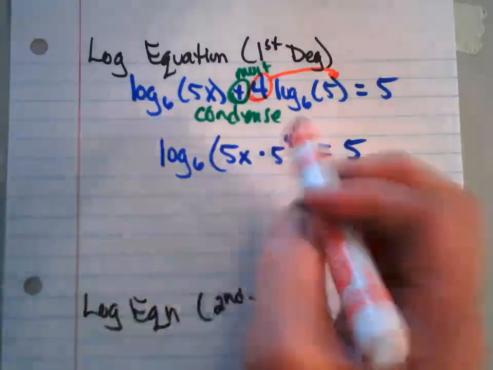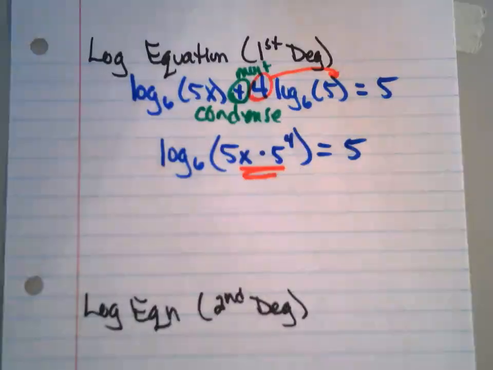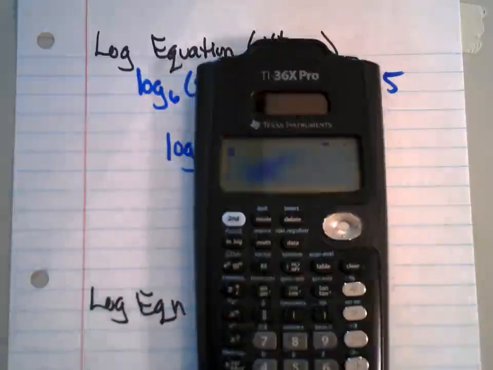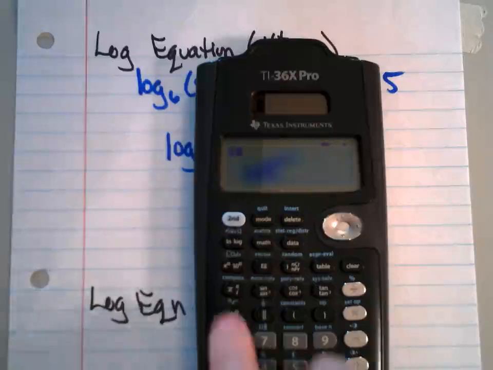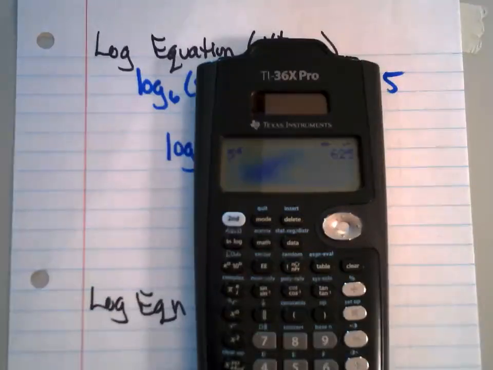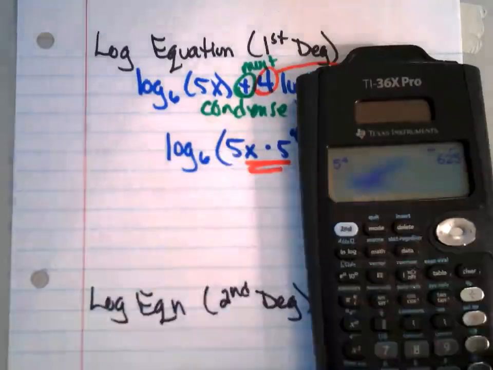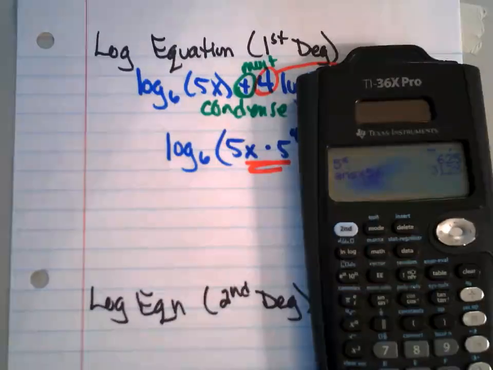I didn't want to do it all at once. 5 to the 4th power is 625, and then we have this other 5 in here, so we multiply that by 5. Inside the parentheses, you have 3,125.